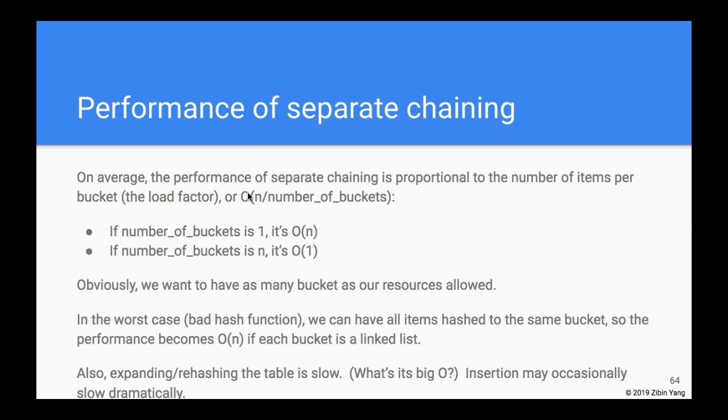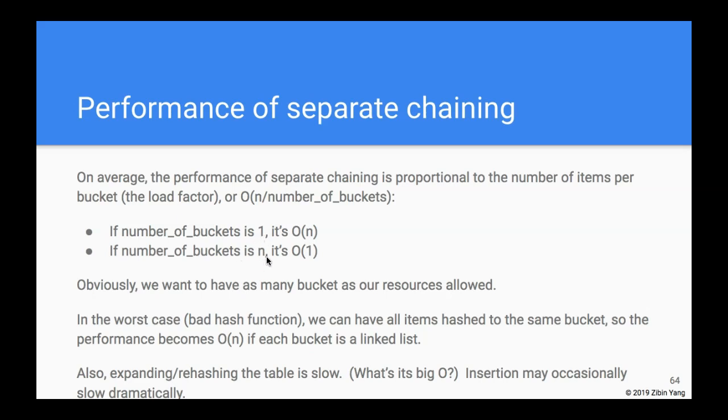Or in big O notation, it's O of n divided by the number of buckets. If we go to some extremes, when the number of buckets is 1, then n divided by 1 is n. So that will be O of n, which makes sense: if there's only one bucket, it's a linked list, so it's O of n.